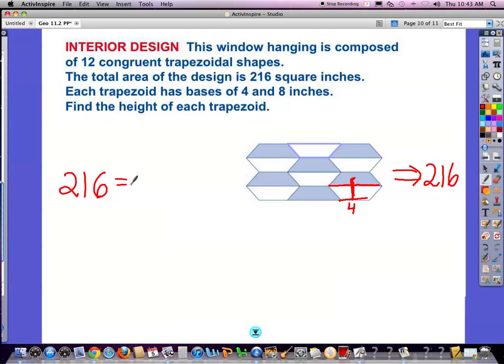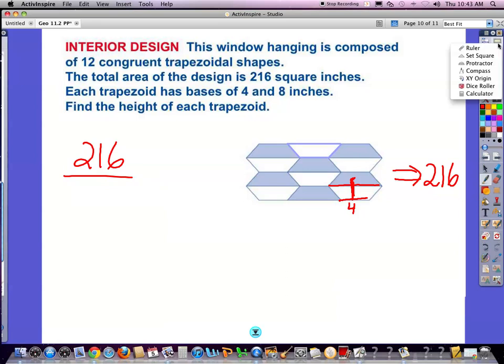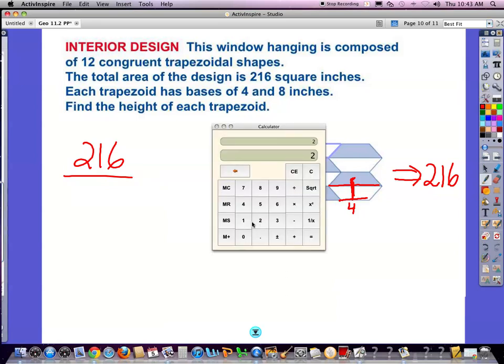216 is my total, and sorry, I'm getting off track here. 216 is the total. I've got to figure out how many trapezoids. Got to narrow it down to one trapezoid first. So 216 divided by, I see 12 trapezoids. Is that what you guys are seeing? Oh yeah, great feedback, guys. 216 divided by 12 gives you 18.